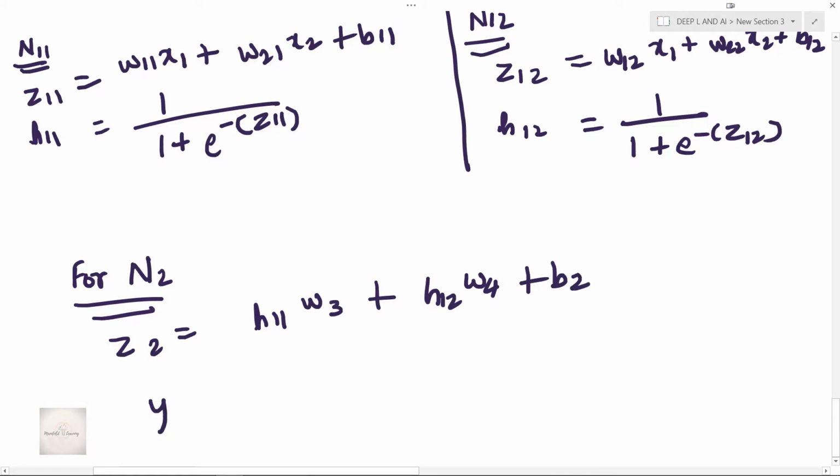So y hat is nothing but 1 over 1 plus e power minus z2.